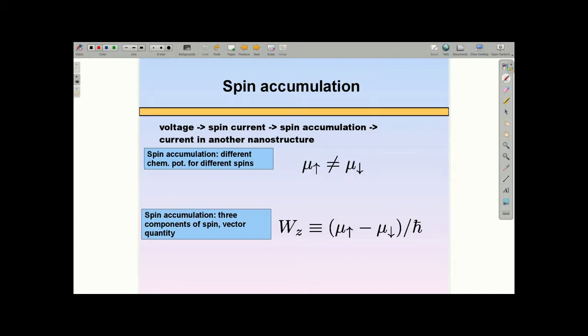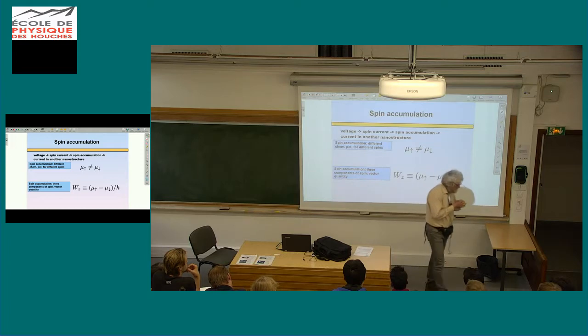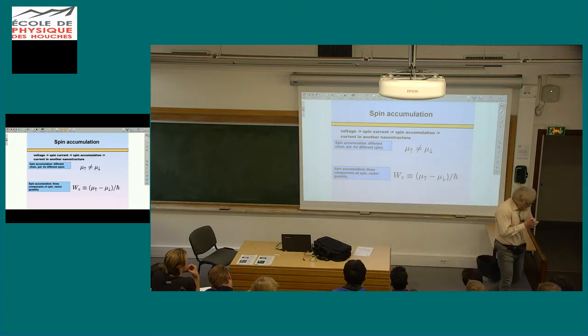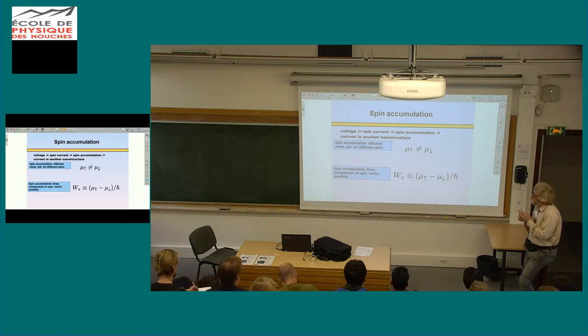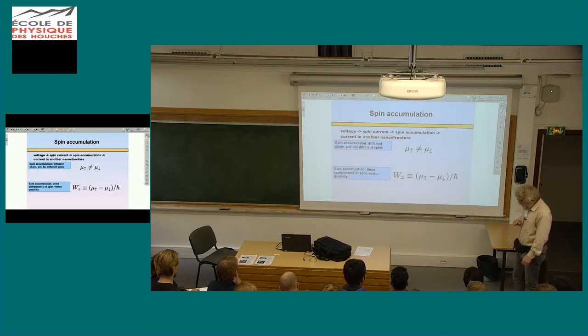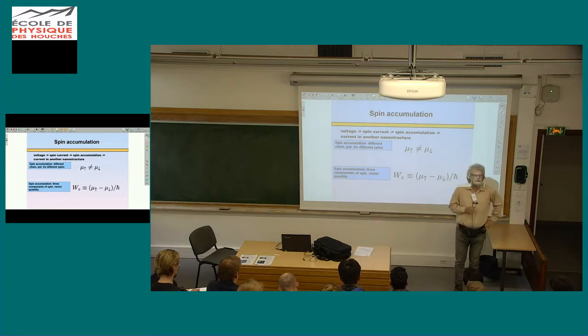Right. Let me tell you something which you might know, which might sound trivial, but in fact is very interesting. There's not only spin current. Fortunately, we also have spin voltage. What is this? It's called spin accumulation. If one talks about two spin directions, one can easily imagine a situation where chemical potentials are different for spins up and spins down.